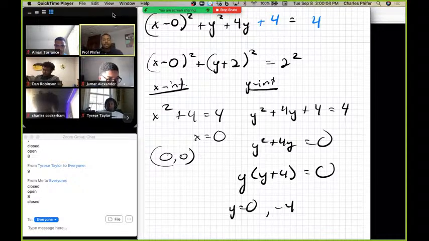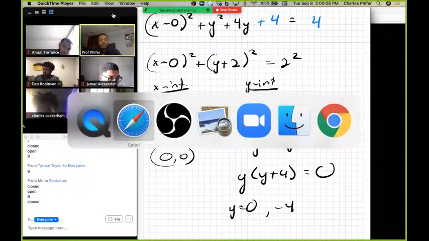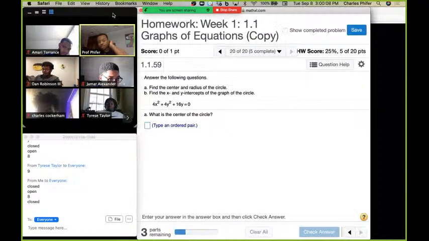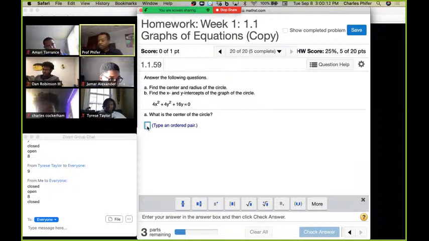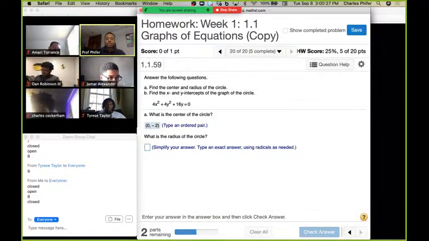Okay, so then let's hop over to Pearson and see how we do. The center of the circle, we said the center was 0, negative 2. And then the radius is 2.